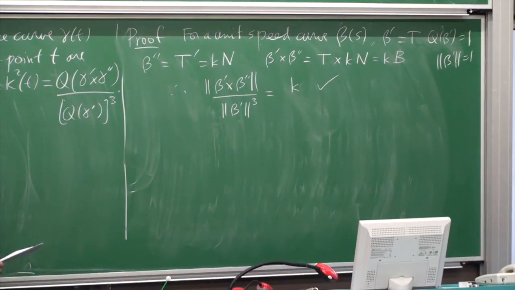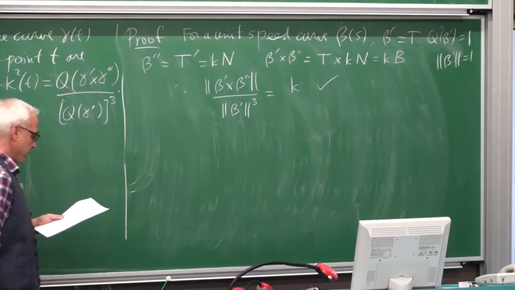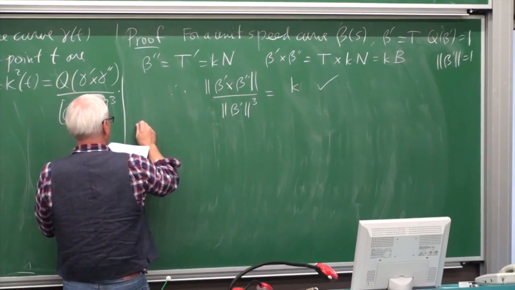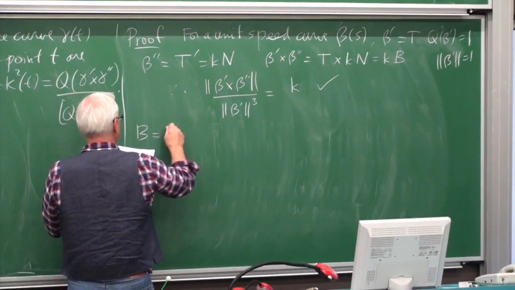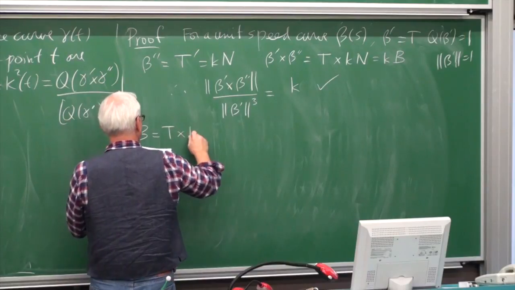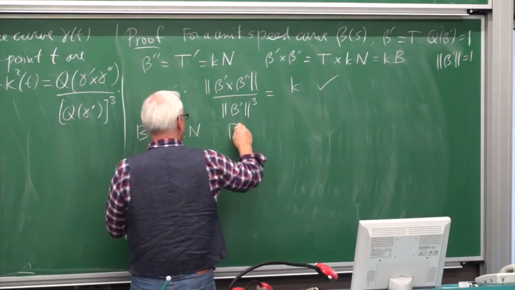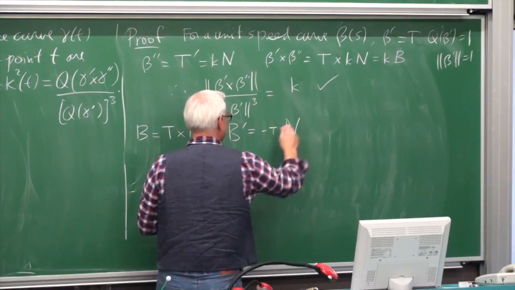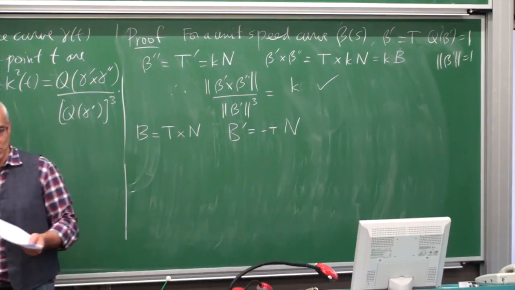What about the formula for the torsion? Well, we know that B, the binormal, is t cross n. And we know from the Frenet formula that B prime is equal to minus tau n. In fact, that's how we define the torsion to begin with.